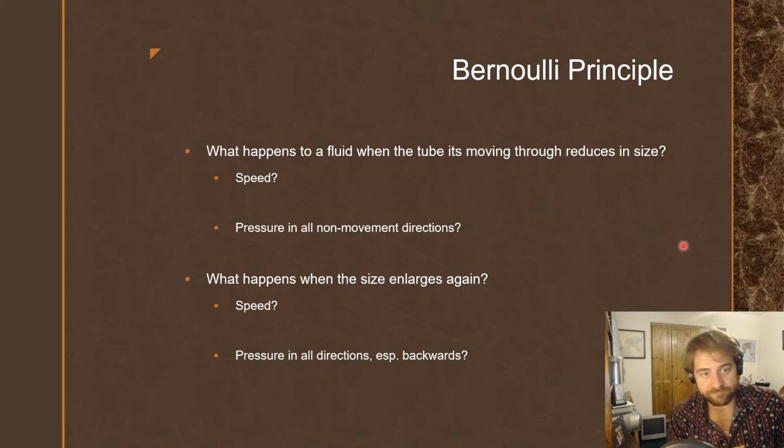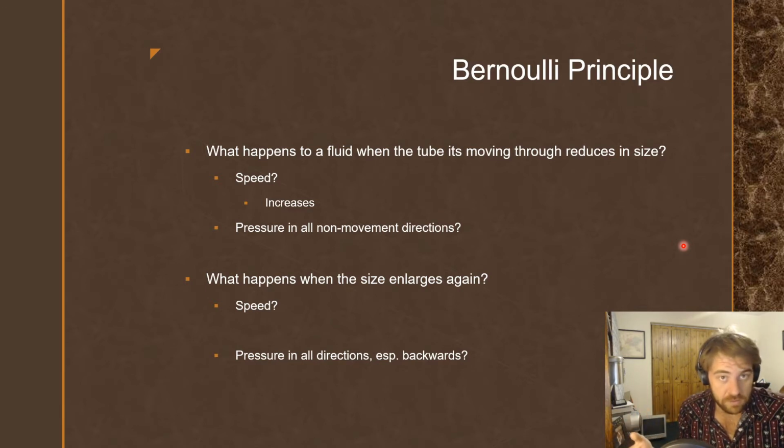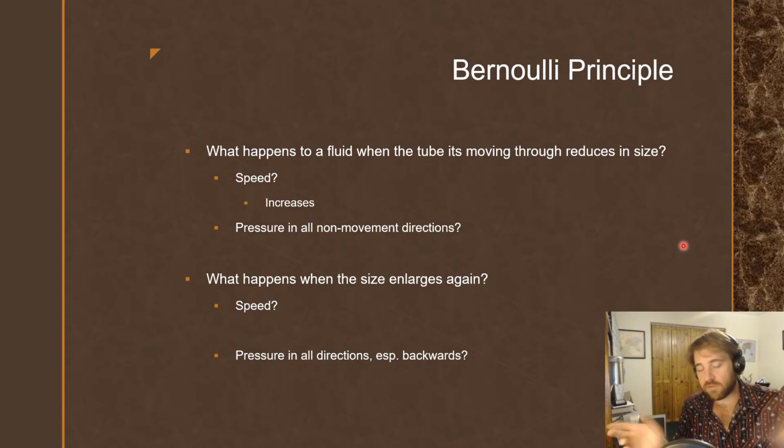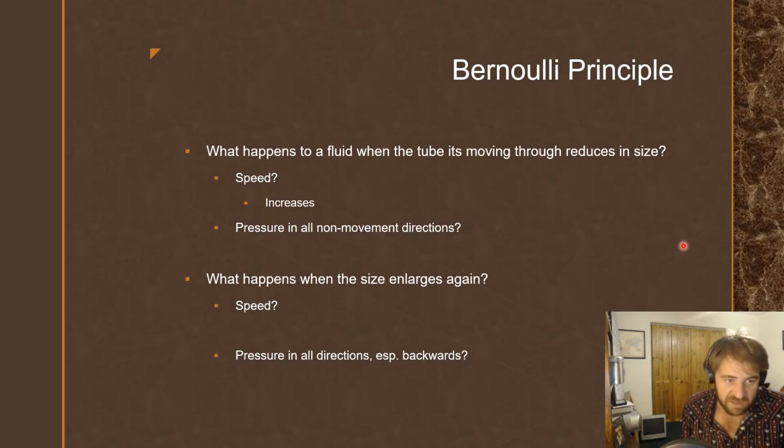What do you think? That's right. It increases. The speed increases because to get the same amount of fluid, which could be air, right? It could be water, it could be air, whatever, it doesn't matter. Get the same amount of fluid through the opening. If there's not as much space, the speed has to increase. So this is all going to get squished down. It has to go faster.